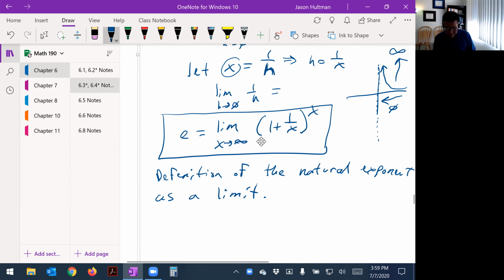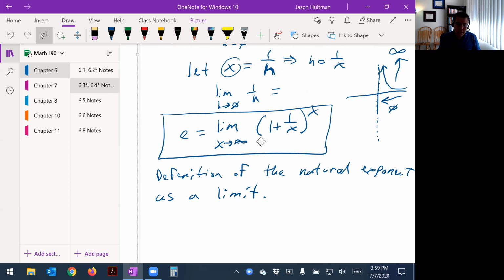Now, why is this important? Why did we go through all of this? Except for the fact that it's beautiful math. Sometimes there's aesthetics in the math. Well, we didn't just do this for our health.